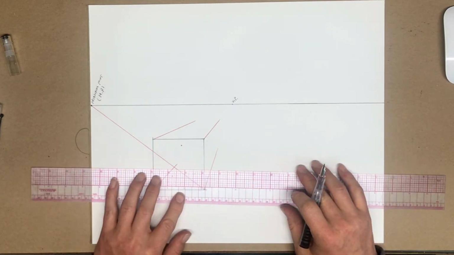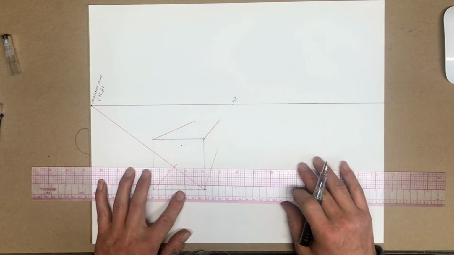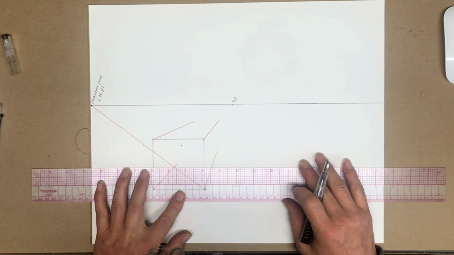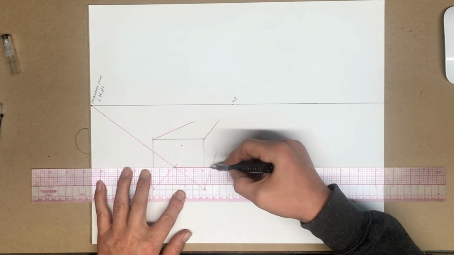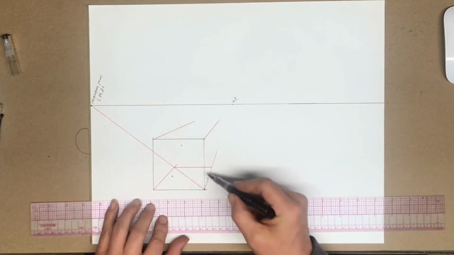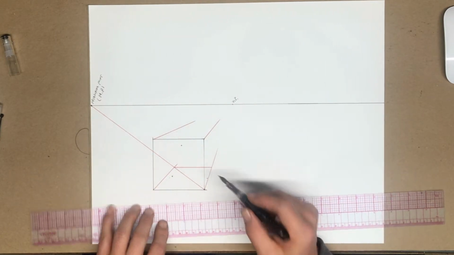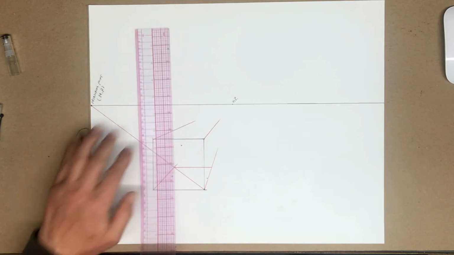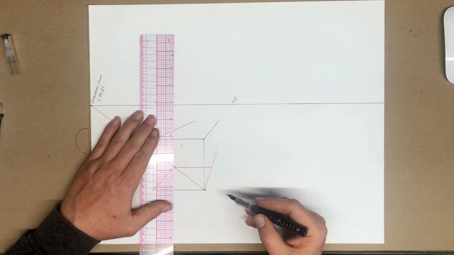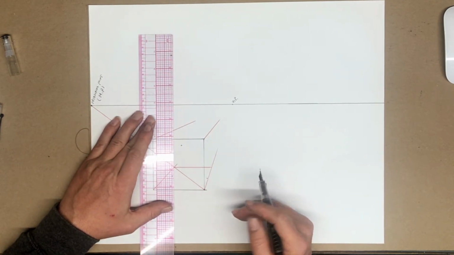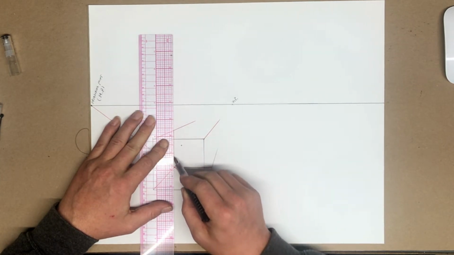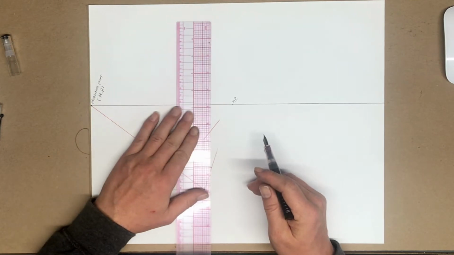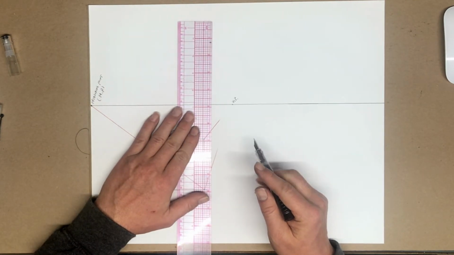So if I draw a perfectly horizontal line from here to here, that's going to give me a square tile. Now I'm going to draw a vertical line, perfectly vertical. Let's make sure. Now that's going to give me the top 2 corners of my cube.